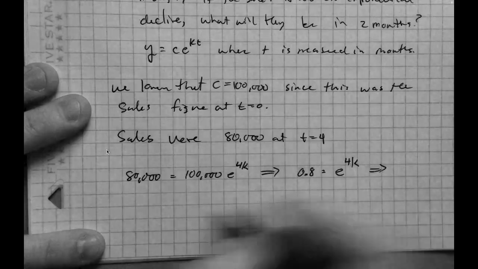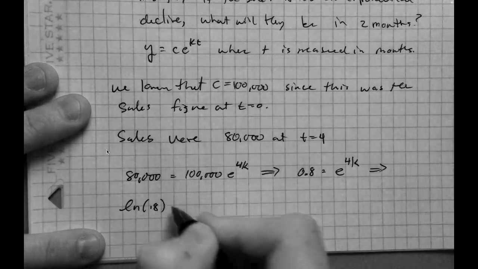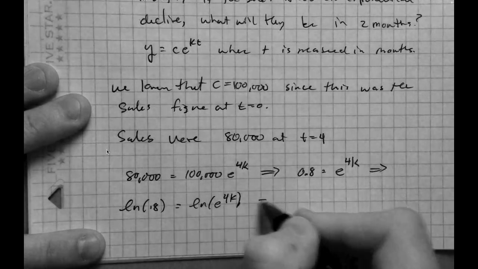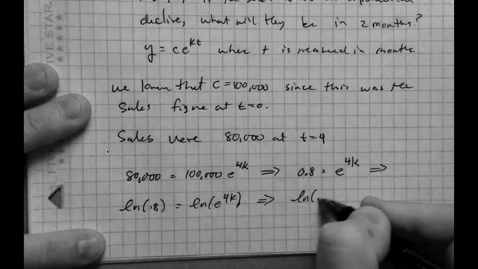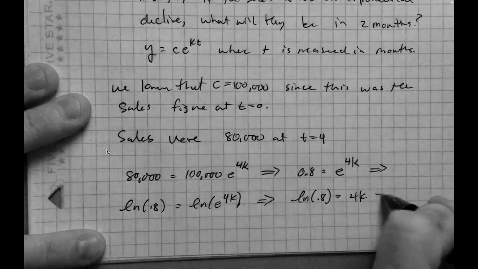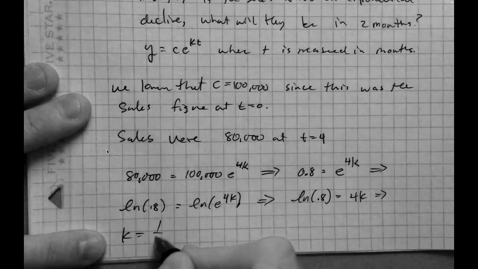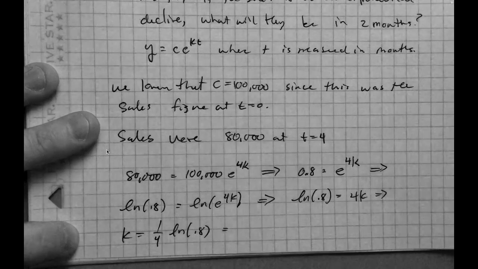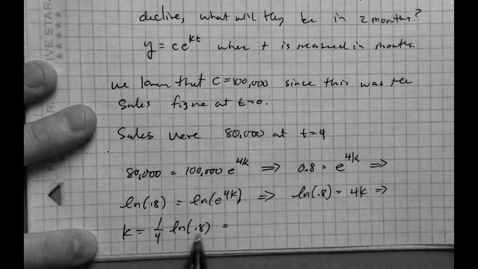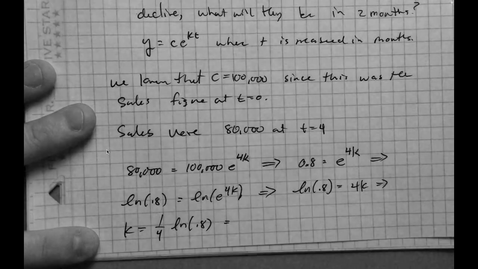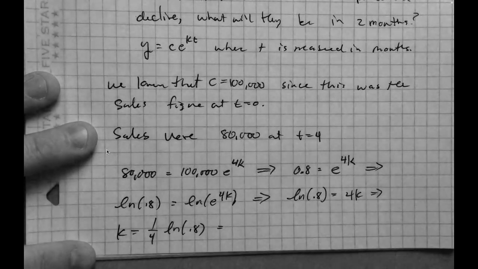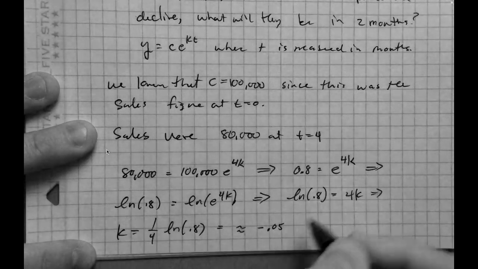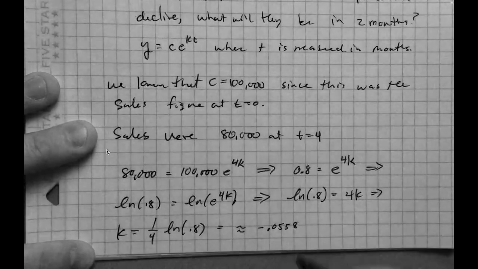Natural log of both sides. And therefore, the natural log of 0.8 equals 4k, and so k equals 1/4 times the natural log of 0.8. Okay, and so k is this value, natural log 0.8 divided by 4. And if you plug that in, you can quickly get that it's approximately negative 0.0558.